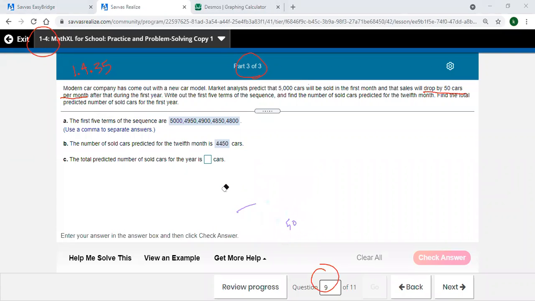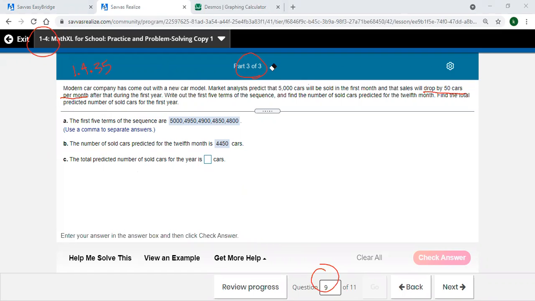All right, let's keep going here. Hopefully when you're getting your problem, it's similar to this if you're stuck, or it's just all making sense and you don't even need this video. So what's the predicted cars sold for the year? The total predicted number of cars for the year is how many cars? So I think we're supposed to be adding these up.